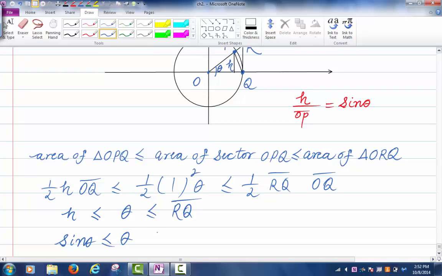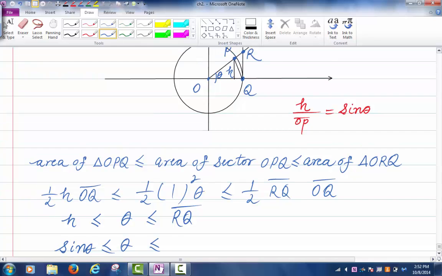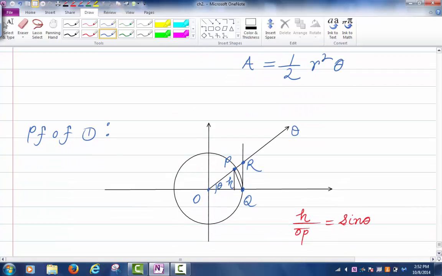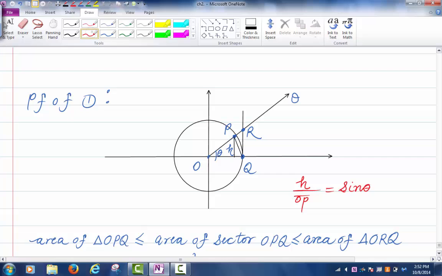And what can you say about RQ? Anybody? I don't want to use RQ as the opposite for the bigger right triangle. RQ is the opposite of theta, but the length of the hypotenuse I don't know, so I don't want to use that.